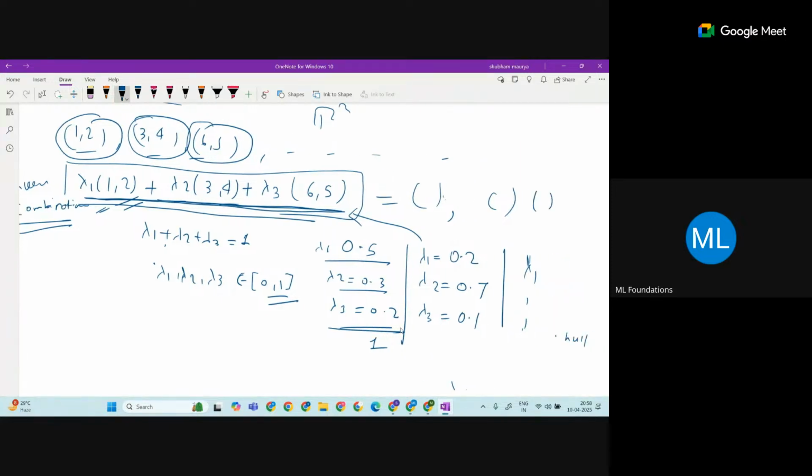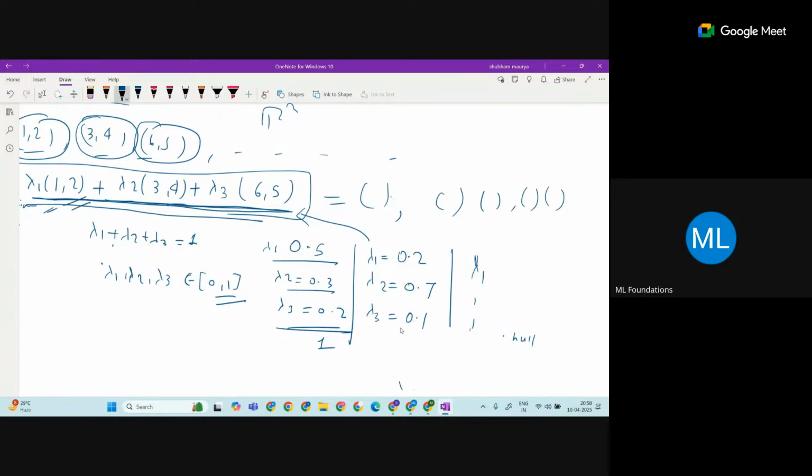Once I have all these points, I collect them in one set. This set is called the convex hull.